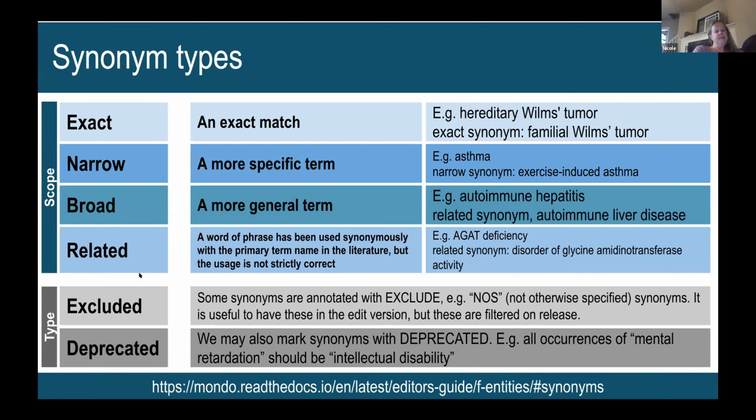And then related synonyms. So related synonyms are, I think, maybe a bit overused in Mondo. A lot of synonyms have gone automatically into Mondo as related, but sometimes I think that maybe they should actually be exact. So we're definitely working through these and trying to improve the representation of synonym scopes in Mondo.